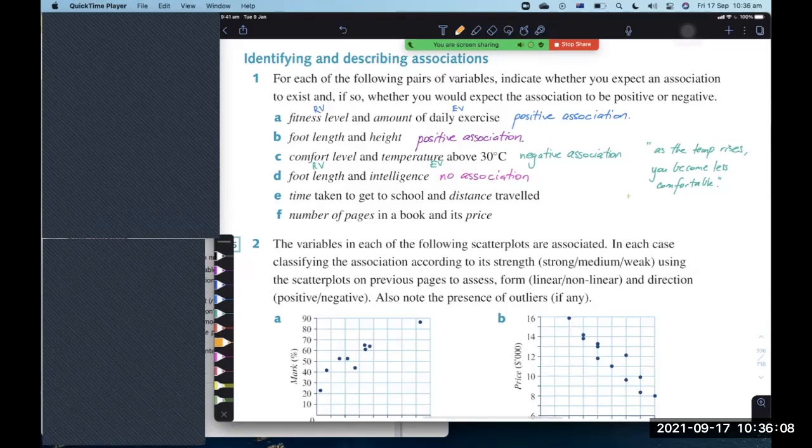The more you travel, or the further, or we can say the longer the distance, the more time you take. And this idea of more tells us that it's positive. Okay, so this is a positive association.